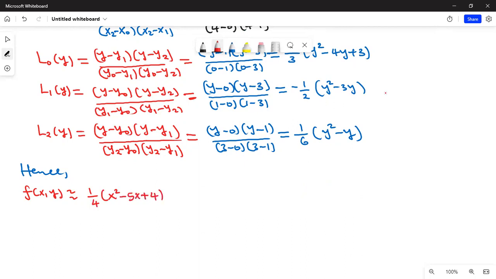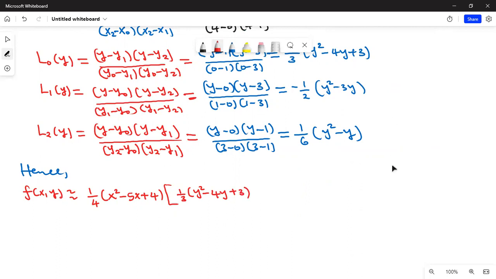That's L naught times that, the whole of that bracket, L naught of y is 1 over 3 times y squared minus 4y plus 3.